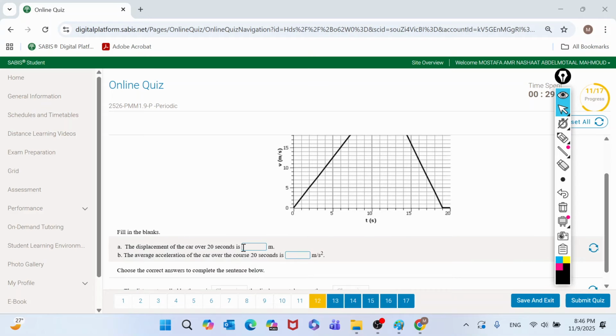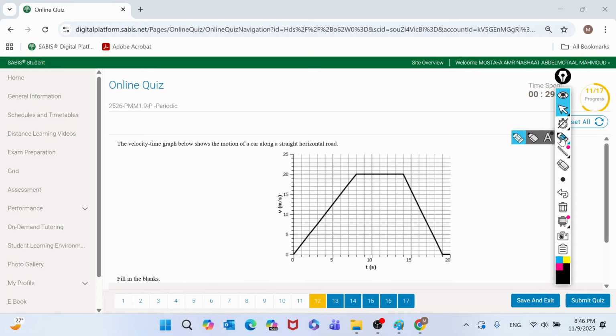The displacement of the car over 20 seconds. So it's just the area under the graph. So it's a trapezoid. So base 1 plus base 2 over 2 times height. So 19 plus what's base 2? It's from like here.